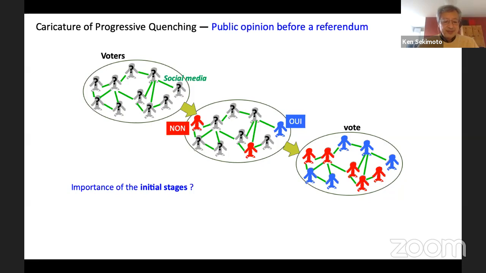Those who have not yet made up their mind are under the influence of those opinions, and they also communicate with each other. Of course, our model is very far from reality, but the common interest is how important the initial stages are.